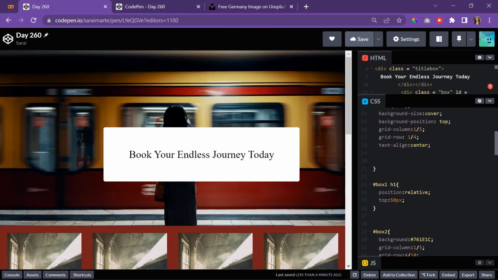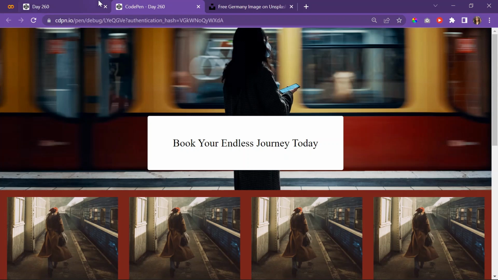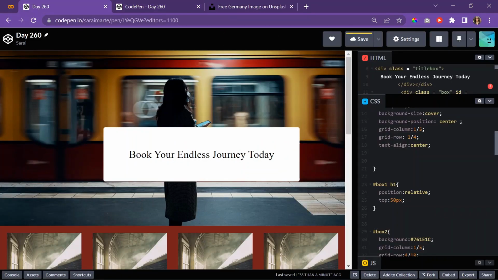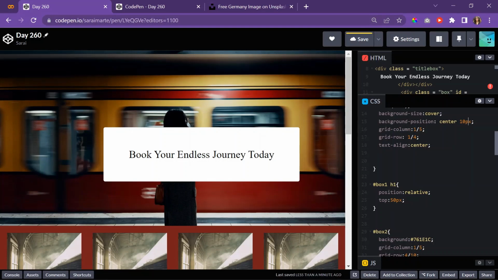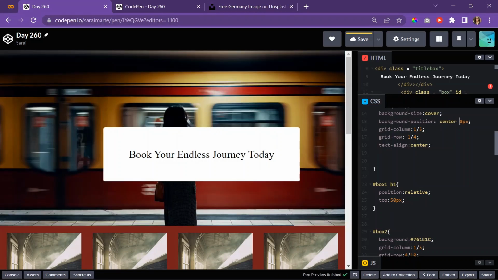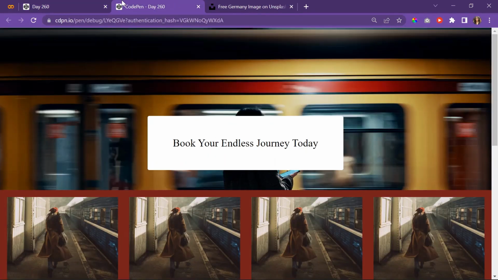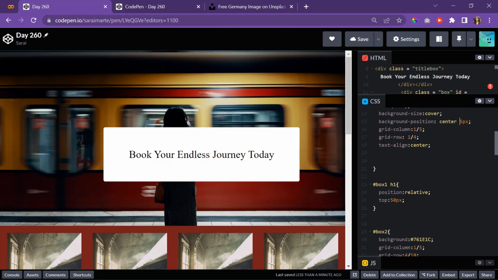Oh, for the love of God. Okay, let's do center, but from the center, like what, 10 pixels? 50. 5. Like, what more do you want from my life? 5 pixels? I really need to go down. Oh, for the love of God. Okay, let's do 15.